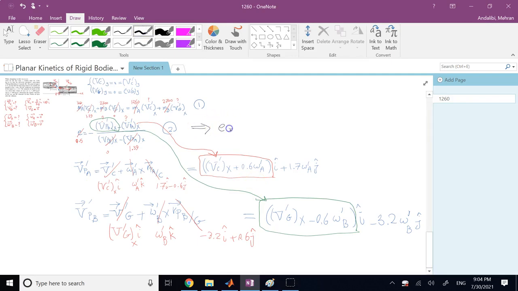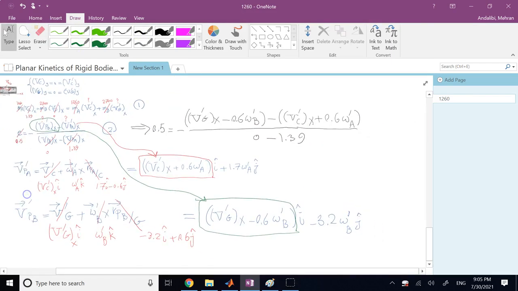It's going to be E equals negative of, if you replace it, V prime of GX minus 0.6 omega prime B, and then minus V prime CX plus 0.6 omega prime A, divided by 0 minus 1.39, and this E itself, if you want to replace it, is going to be 0.5.